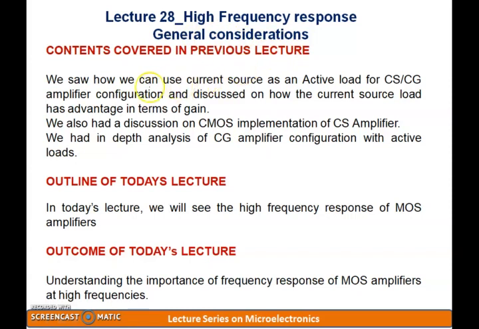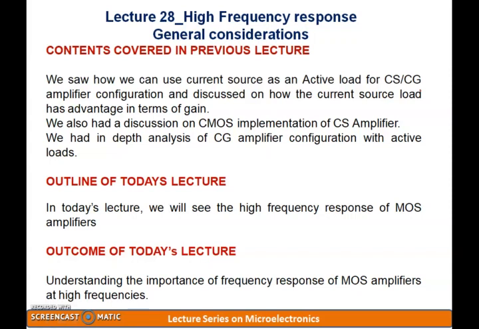Before heading further, we saw in the last class how we can use the common source and common gate amplifier with active load, and we had a thorough discussion on how the input and output resistance and the overall gain of those amplifier configurations behave when we replace the resistive load with an active load.